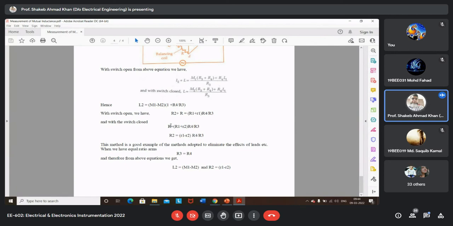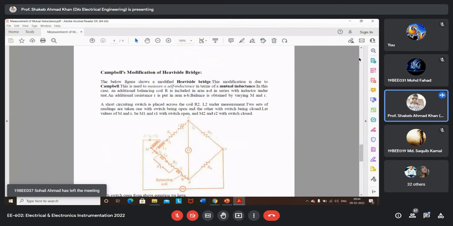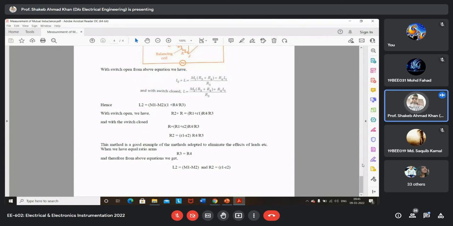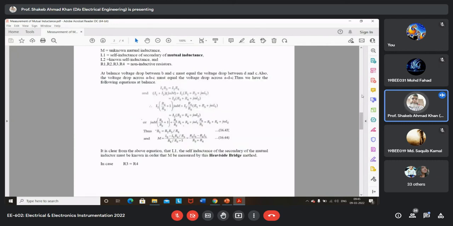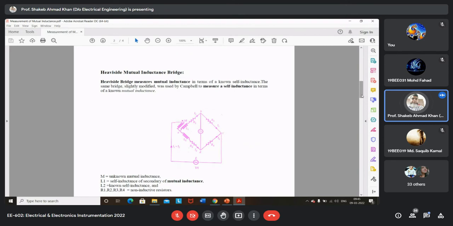So this is how mutual inductance can be measured in terms of self-inductance, and in this Campbell's modification of the Heaviside bridge, the self-inductance of a coil can be measured in terms of mutual inductance. This is how these two bridges are used. If anybody has any question regarding these two bridges, you can ask, please.